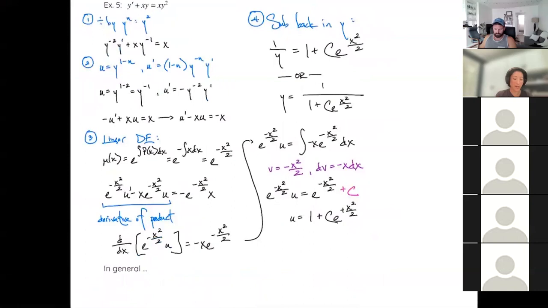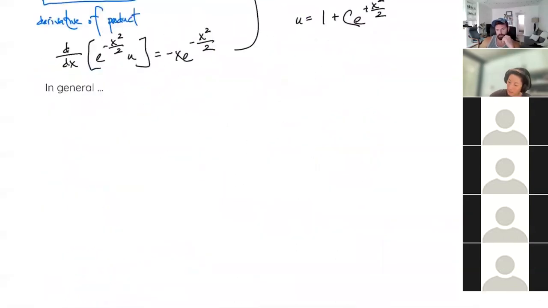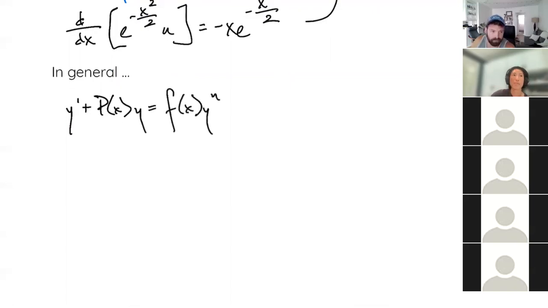Any other questions here? So we've kind of written this out before, but in general, how do we get from a Bernoulli's to a linear? We start with y prime plus p of x y equals f of x y to the n. The problem here is the y to the n.